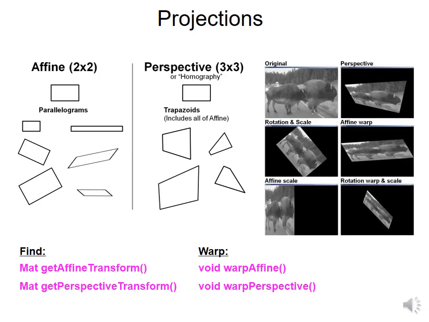OpenCV can transform a given original image in a variety of ways. The affine transformation can transform a rectangular original image into a parallelogram, and can increase the length or rotate it.